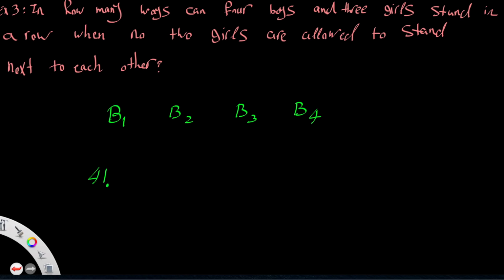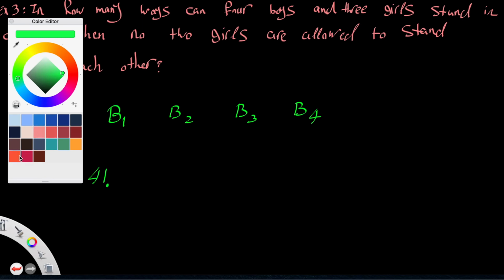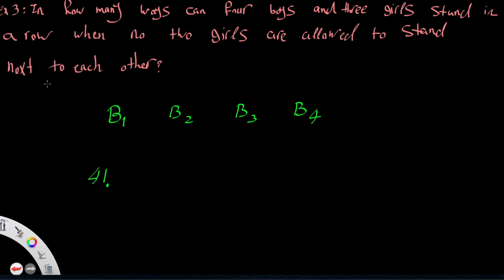Now, for the girls, as no 2 girls are going to stand next to each other, it means that between any 2 girls there should be at least 1 boy. Now we have 3 girls here.